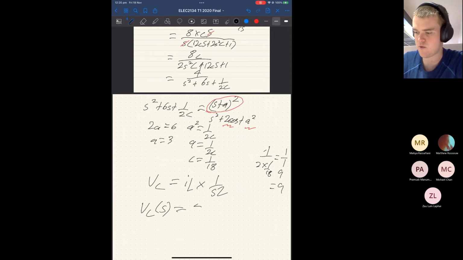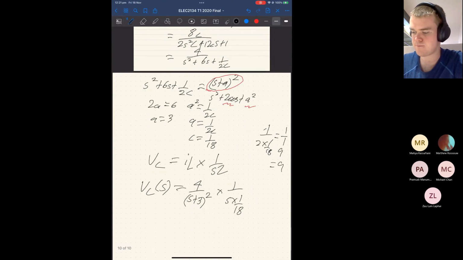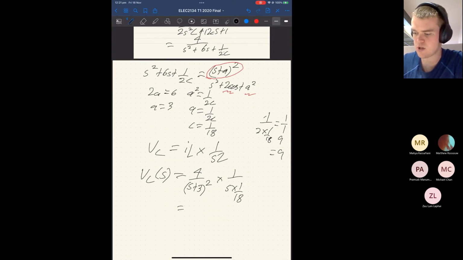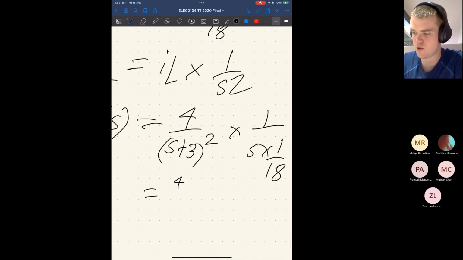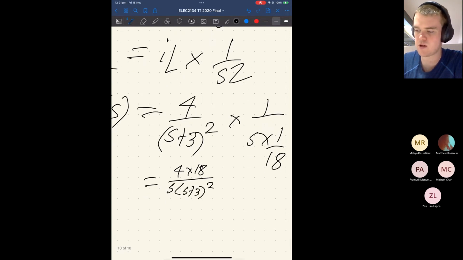So we will have 4 on S plus 3 squared times by 1 on S times C, which is 1 on 18 times 1 on 18, which is going to equal, zoom in, 4 times 18, all on S of S plus 3 squared.